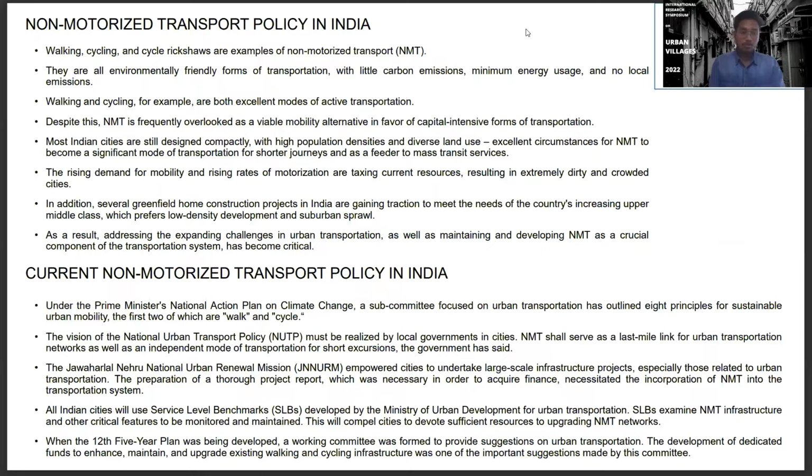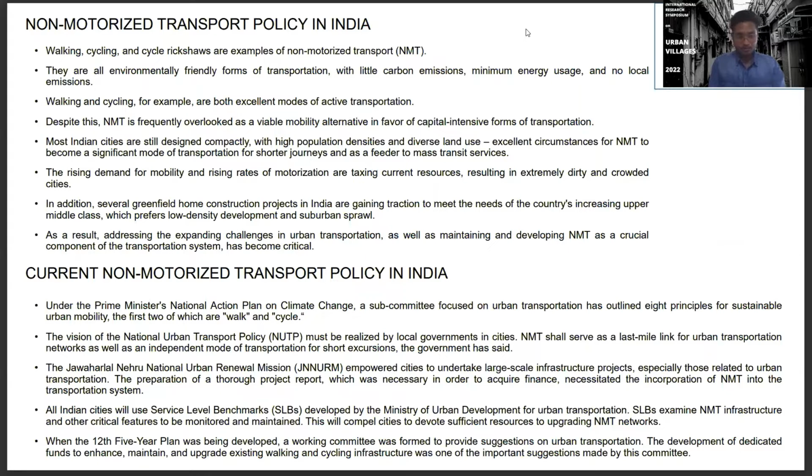Now, under the Prime Minister's National Action Plan, eight principles for sustainable urban mobility were introduced, two of which were walking and cycling. Talking about NMTs, the government also says that NMT should connect the last-mile linkage, and it should have an independent mode of its own.